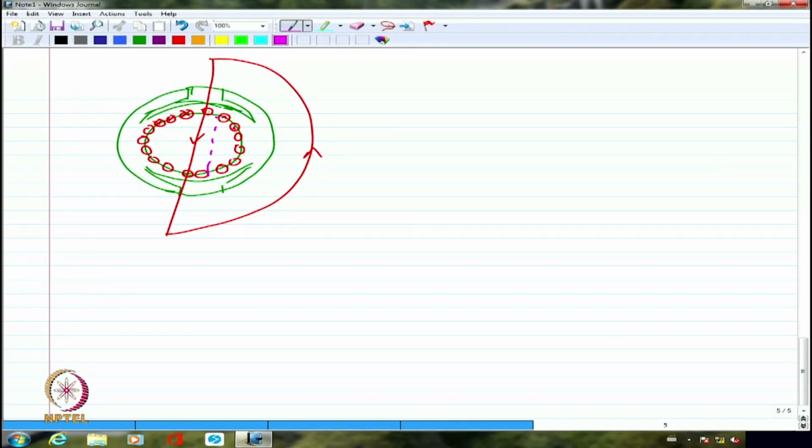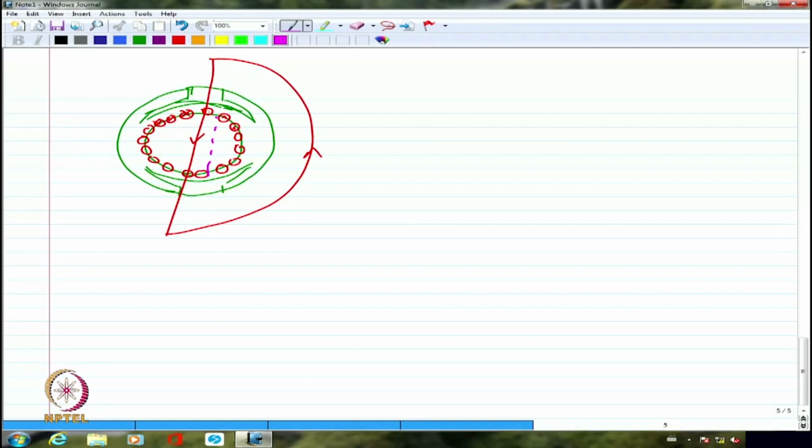But at any point in time, theta is going to continuously change. So, depending upon whether the stator windings and the rotor windings are aligned with each other, I am going to have either theta equal to 0, or theta equal to 90, or they are misaligned, exactly opposite, theta equal to 180 and so on.